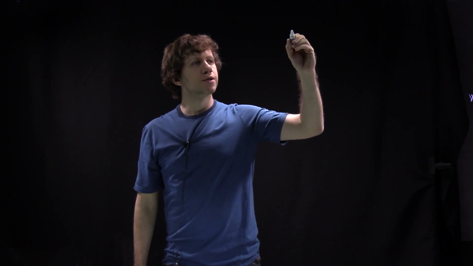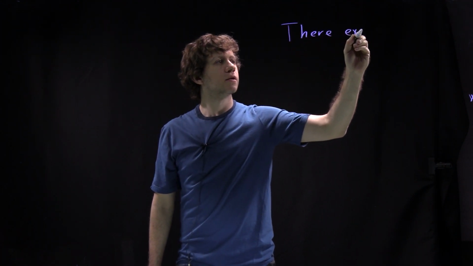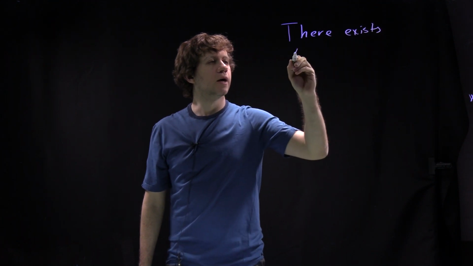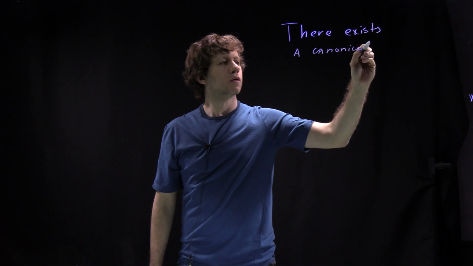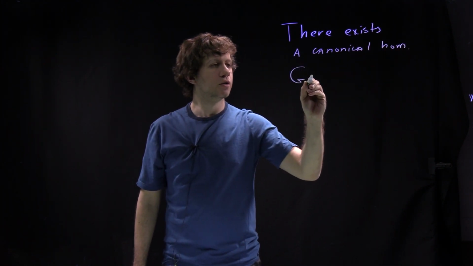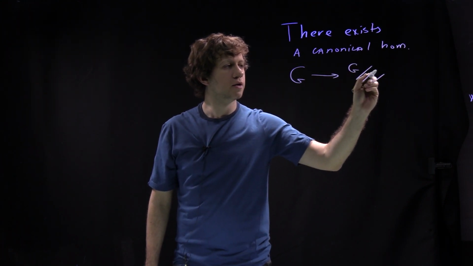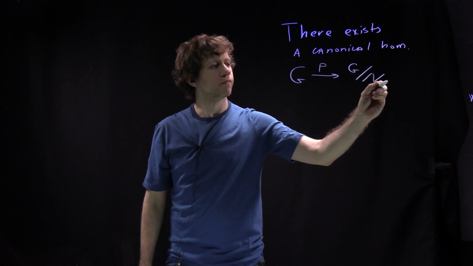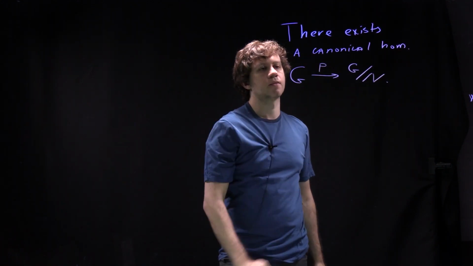Okay, so let me construct a canonical homomorphism from G to G factored over N. Let me denote it by P. So this is a group, this is a group of classes.